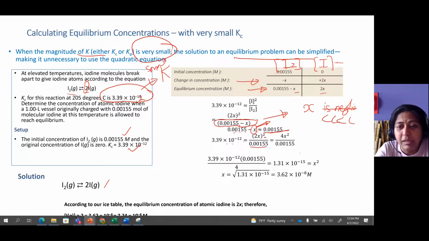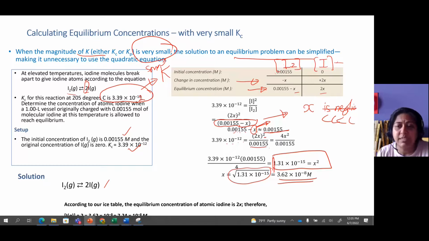So now you will get 1.31 times 10 to the negative 15 equals x squared. Then you just need to get the square root of this value, and x is equal to 3.62 times 10 to the negative 8.